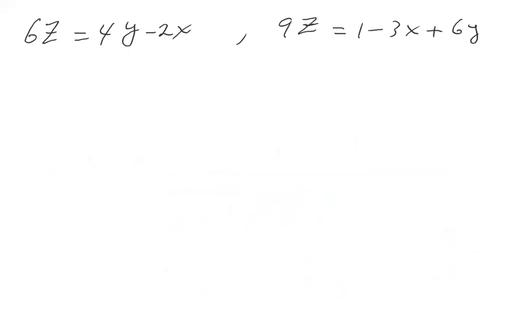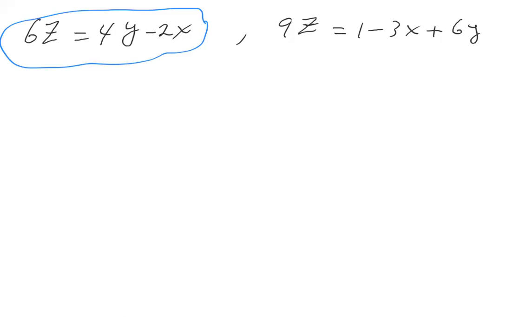So I'm trying to find the distance between these two parallel planes. The problem is telling us that these planes are parallel. So if I find a point in one of them, I can use my formula. So this would be the easier one.